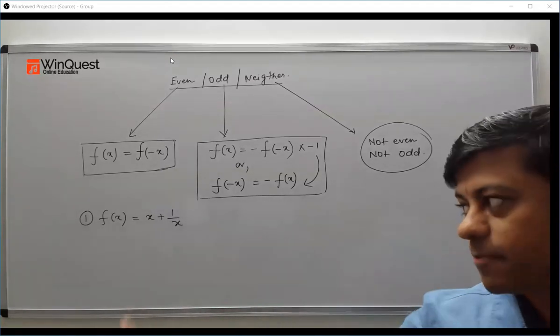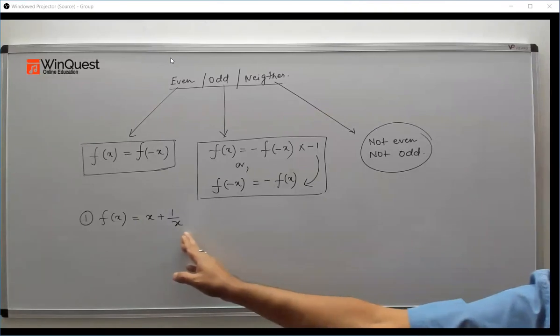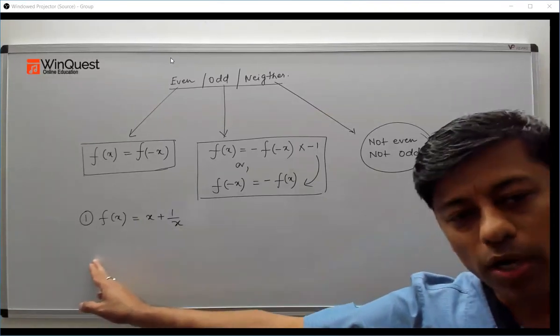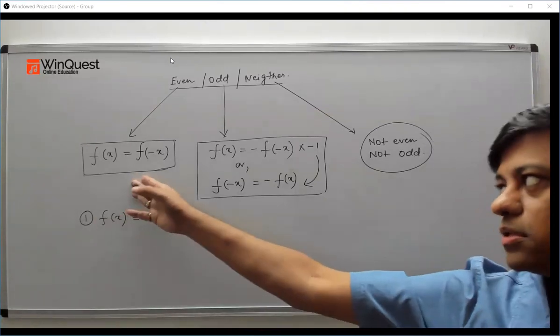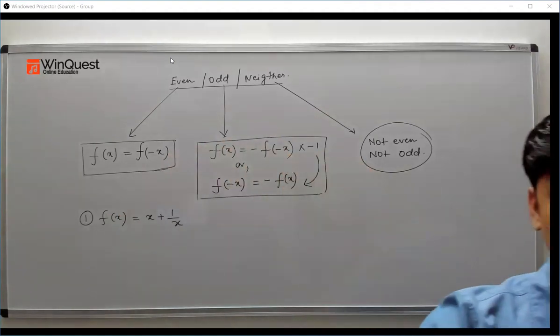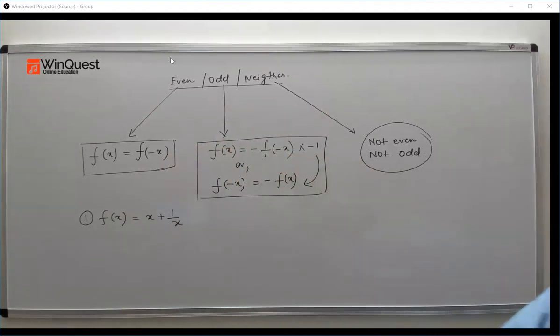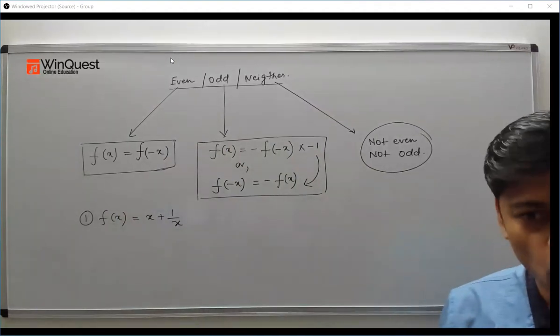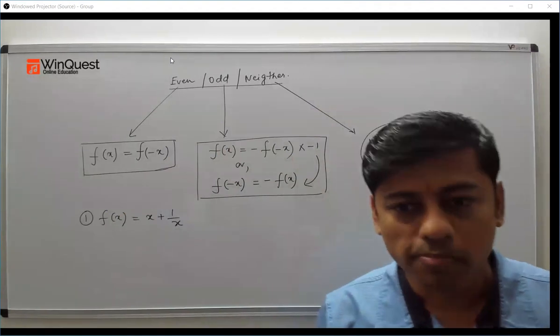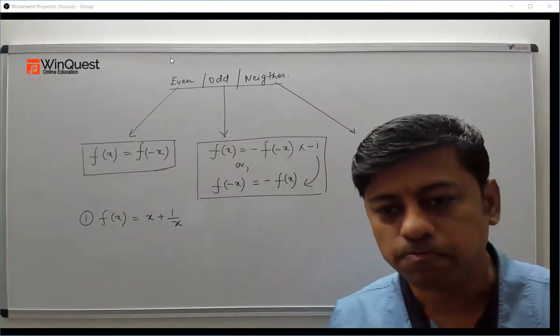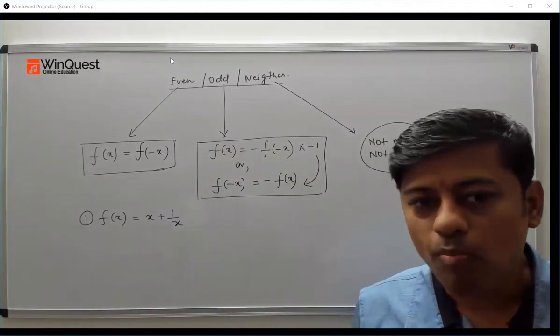The question is, the expression has been given as f(x) is equal to x plus 1 by x. We want to understand if it is an even function, odd function, or a negative function. Neither, I do. Others, please. I think it might be neither.